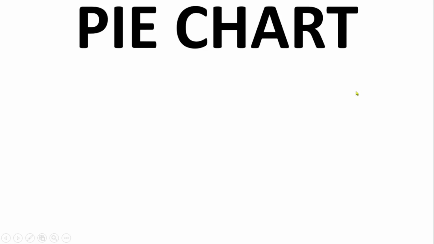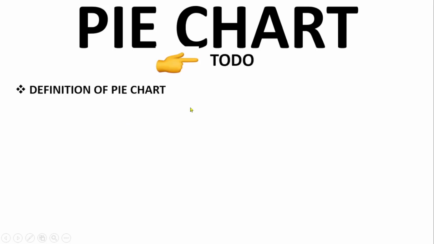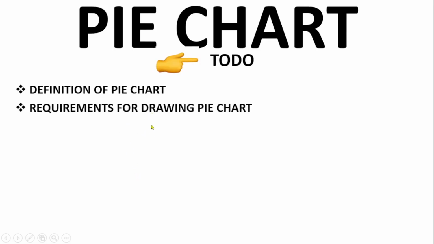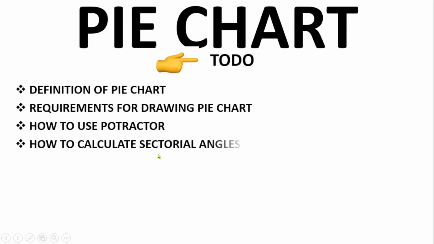Before we talk about the pie chart, let's see what we are going to be discussing in this video. We are going to tell you the definition of a pie chart. From there we talk about the requirements needed for drawing a pie chart. We're going to talk about how to use a protractor, and how to calculate sectorial angles.